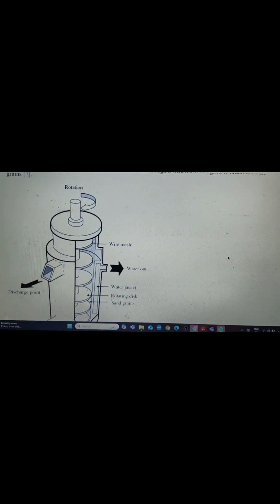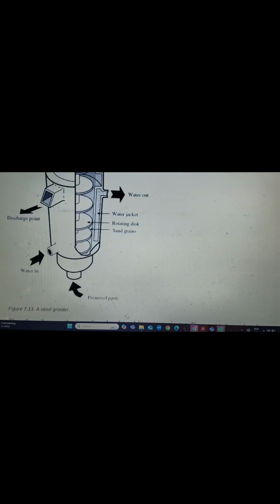The equipment used in the manufacturing process: you can see on screen, a sand grinder. This is the equipment used in paint manufacturing which grinds, and it is called a sand mill.